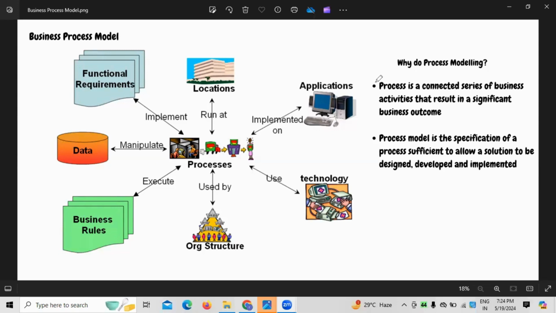That's not an issue. But at the end of the day, this is something which, being a BA, one must be good with. This is what we call business process modeling, or business process management. Being a business analyst, one must be good with this.